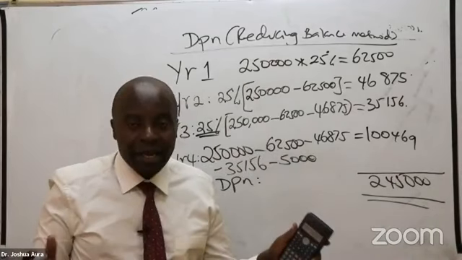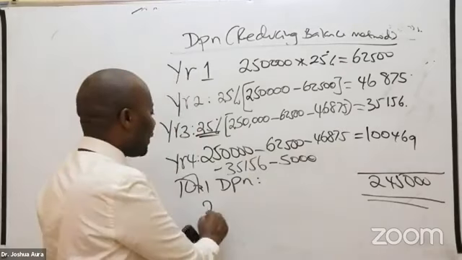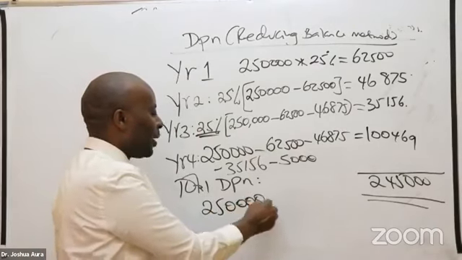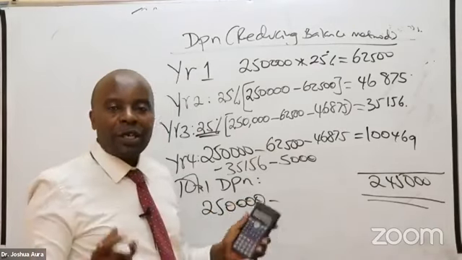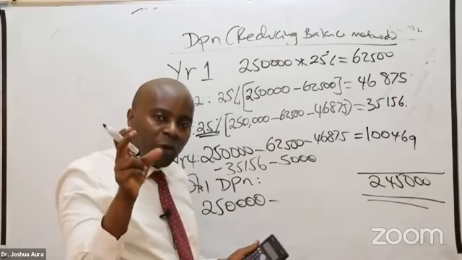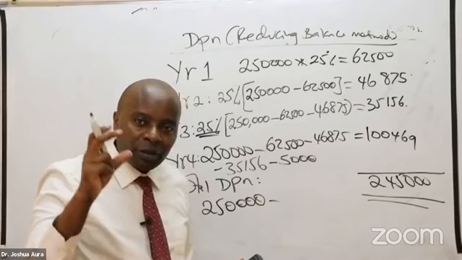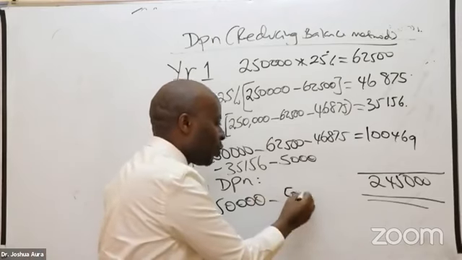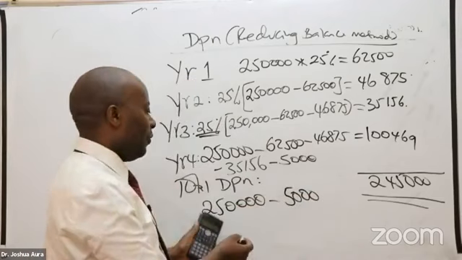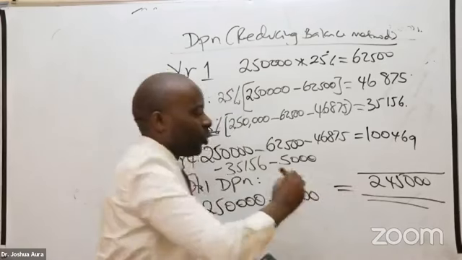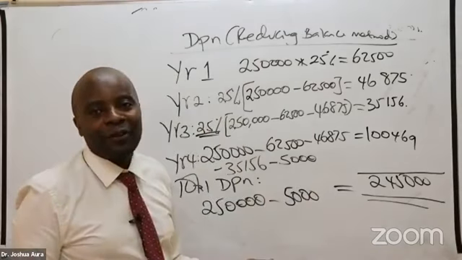And remember, when we bought the asset at 250,000, minus the scrap value of the asset at the end of the 4 years, which we are told in this case was 5,000, if you subtract these two, they should agree to that 245,000.